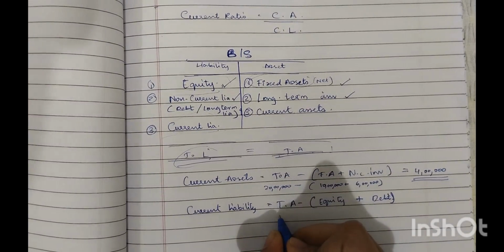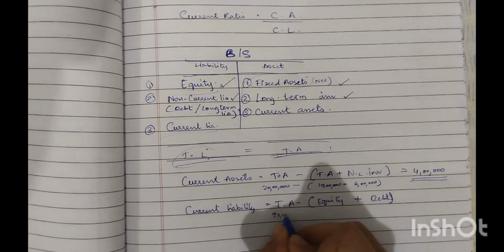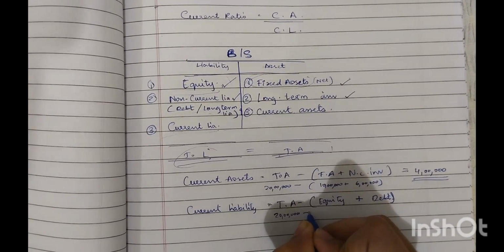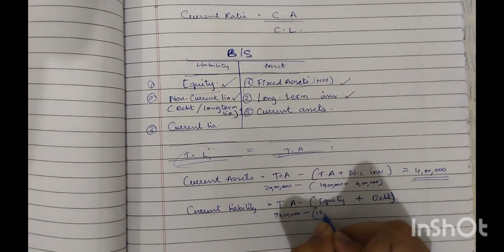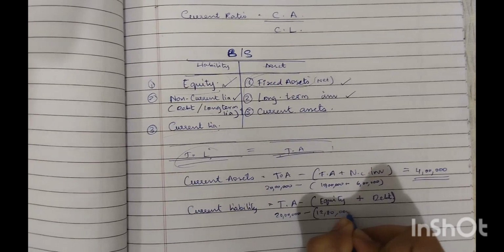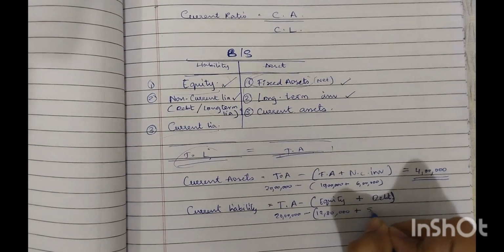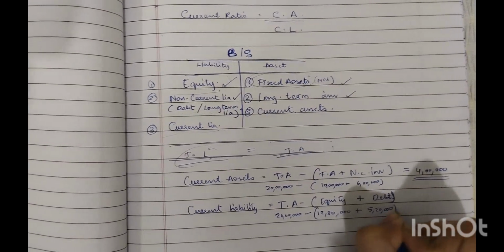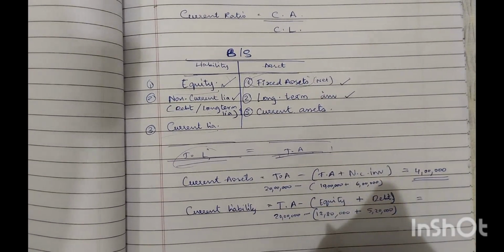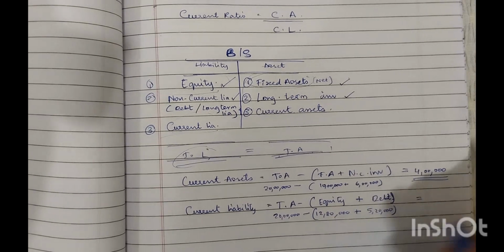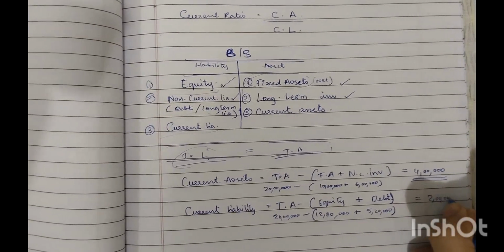Right, total assets come to, again, 20 lakhs minus the equity, shareholders' funds, 12,80,000, plus the debt or the non-current liabilities, 5,20,000. When we calculate this, we get the current liability to be equal to 2 lakh rupees.